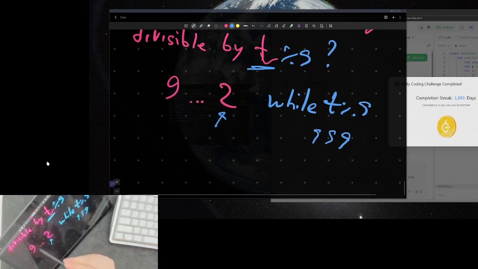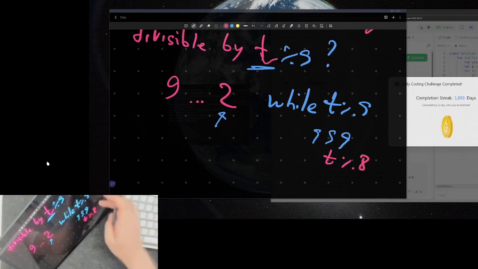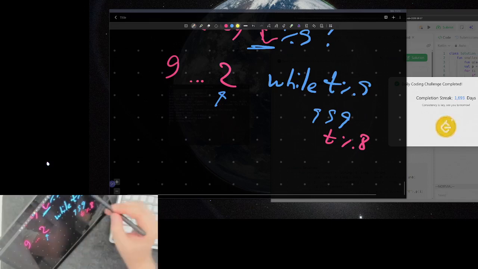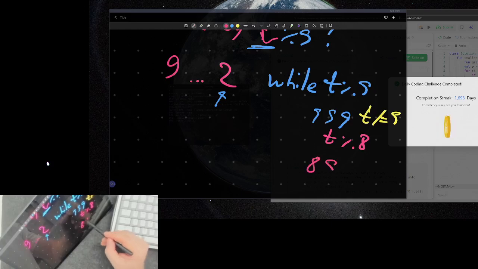Then we go with the 8: is t divisible by 8? And by the way, we are adjusting t, t equals t divided by 9, and then by 8, so it will be 8, 9, 9. So we go and put in these digits to the left.